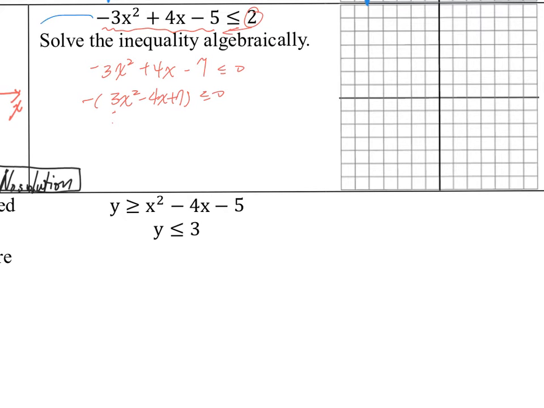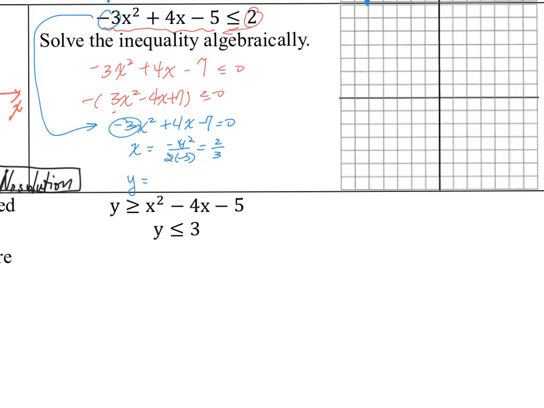So I'm going to take this inequality again, put it down here, and rewrite it as a quadratic equation set equal to 0. My vertex will be negative 4 over 2 times negative 3, so this will be 2/3. Since the leading coefficient is negative 3, it's going to be a maximum value.